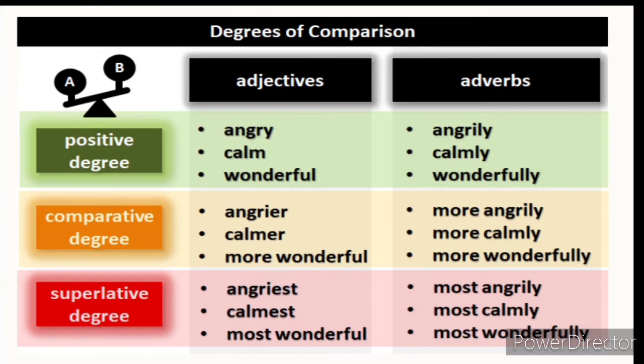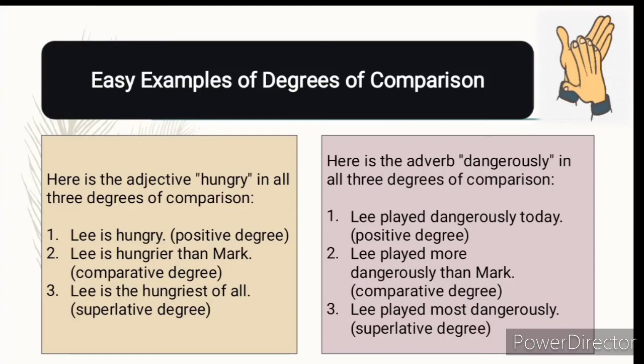Comparative: angrier to be more angrily, calmer to be more calmly, more wonderful to be more wonderfully. Superlative: angriest to be most angrily, calmest into most calmly, most wonderful to be most wonderfully.